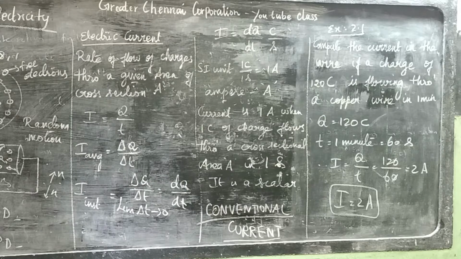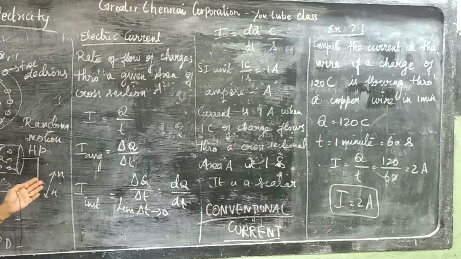But here the current is due to the flow of electrons, which flow from the negative terminal to the positive terminal, that is, from lower potential to higher potential. This is the negative terminal, which is at the lower potential, and this is the positive terminal, which is at the higher potential.